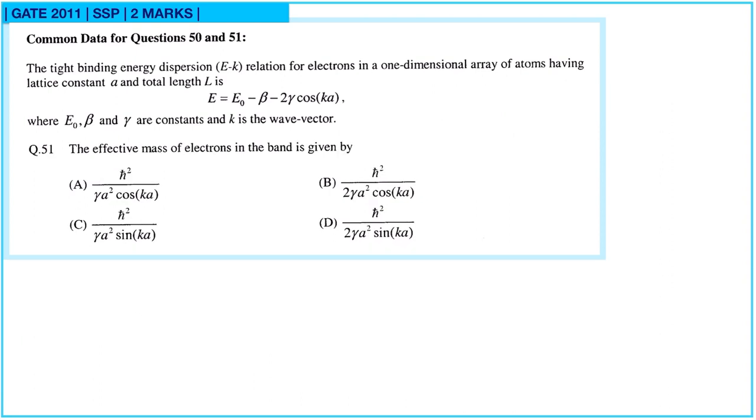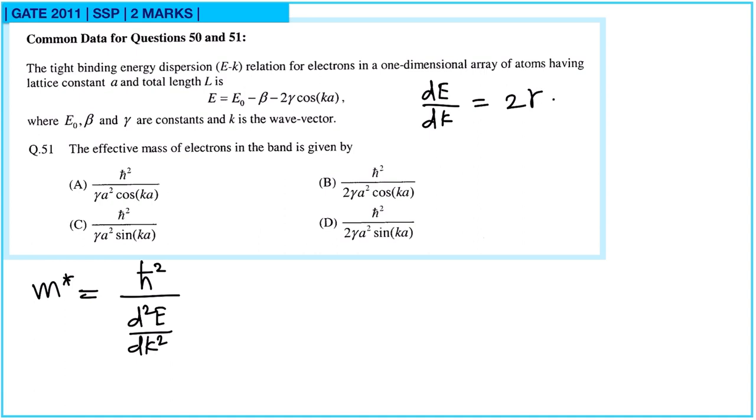Next question. The same data is given for this question as well. The effective mass of electrons in the band is. Now effective mass m star is equal to h cross square upon d2E by dk square. So this is the formula for it. We have to differentiate it 2 times. So dE by dk, we have already obtained this value, 2 gamma a sin Ka.